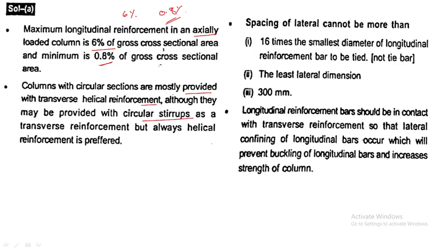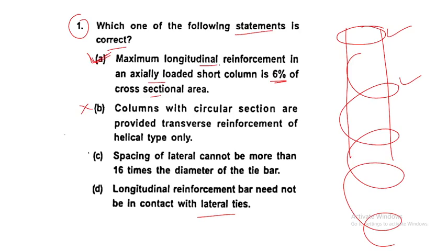Just now I already explained, but helical reinforcement is always preferred. The spacing of lateral ties cannot be more than 16 times the smallest diameter of the longitudinal reinforcement bar to be tied, and least lateral dimension 300 mm. So these are three different lateral ties, and both are wrong. So only one is the correct answer.